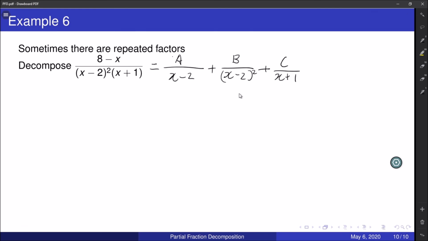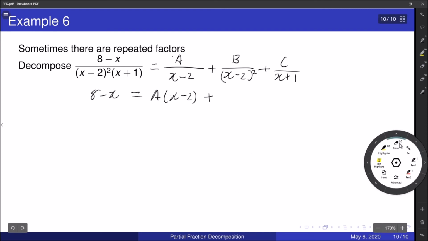Once again, you just multiply everything by the denominator, so you have 8 minus x equals a, x minus 2 cancels out, so x plus 1, sorry, my bad, there is a plus 1 there as well.